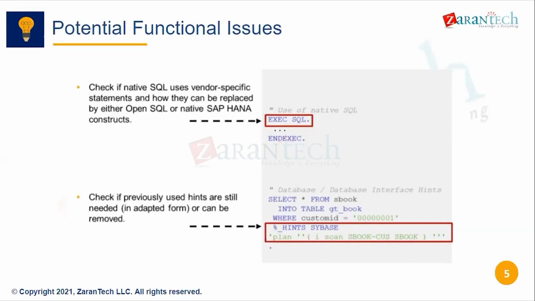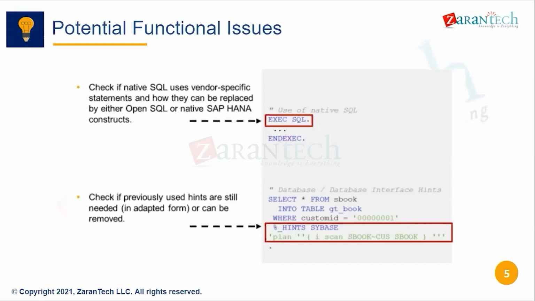That's one of the disadvantages of using native SQL. Those are vendor specific. If you are using those vendor-specific statements inside your reports, first we need to identify in which reports we are using them, and how we can replace them with Open SQL statements or with native SAP HANA constructs. These are two different things we can do.